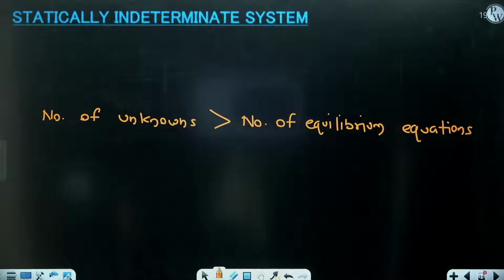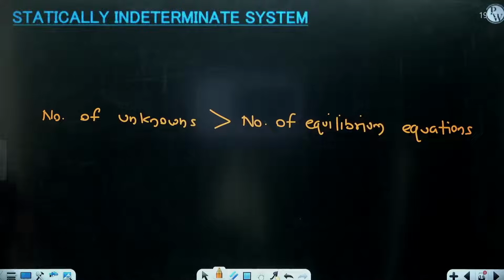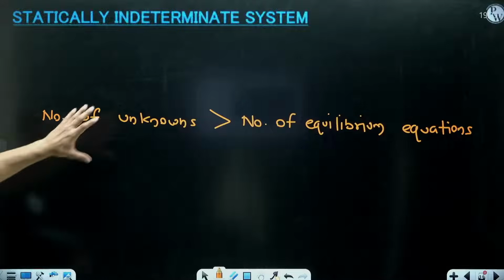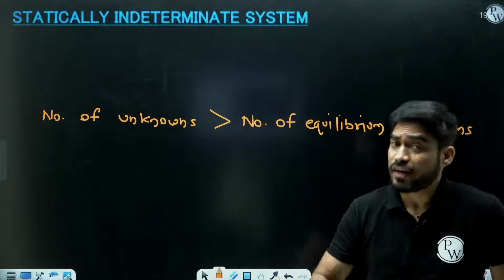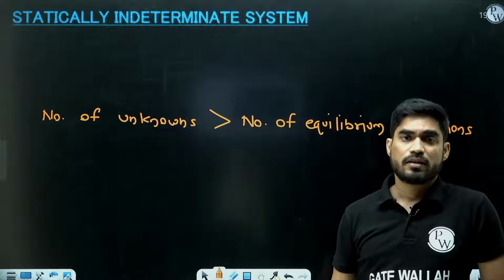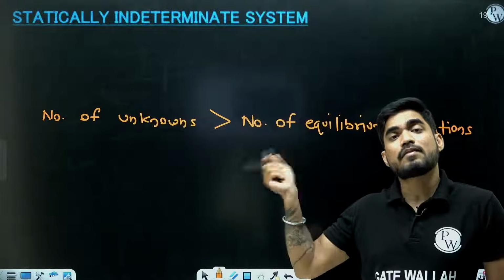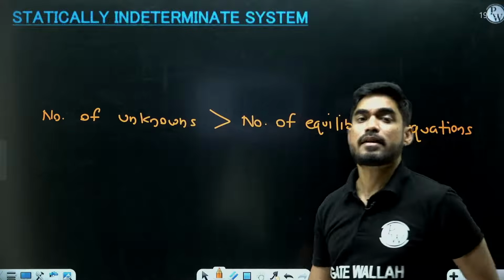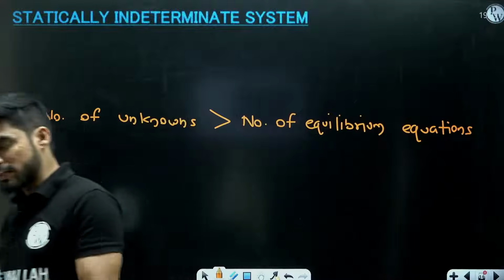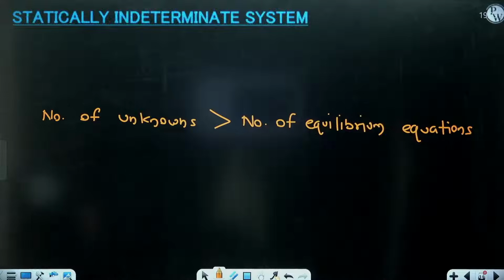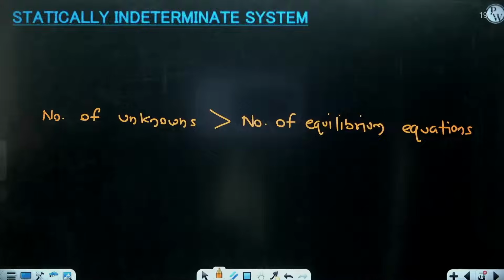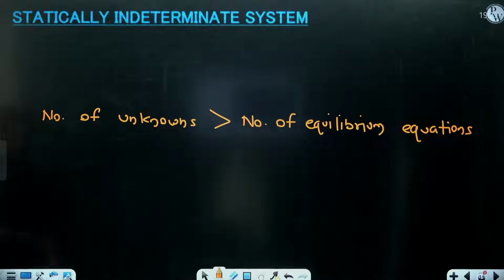So these type of problems are known as statically indeterminate problems. So how are we going to solve these problems? For solving these problems, we have different type of equations, and these problems cannot be solved in this subject. For solving these problems, we have to study strength of materials. When you will study strength of materials, you solve statically indeterminate problems.